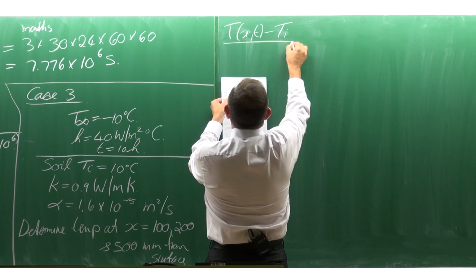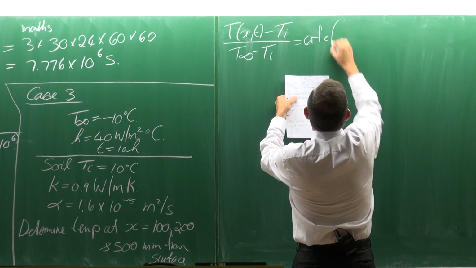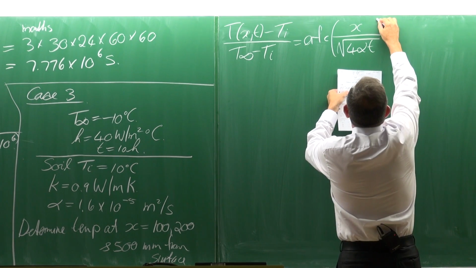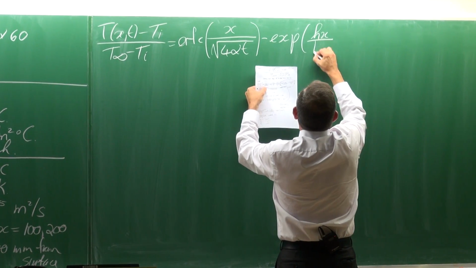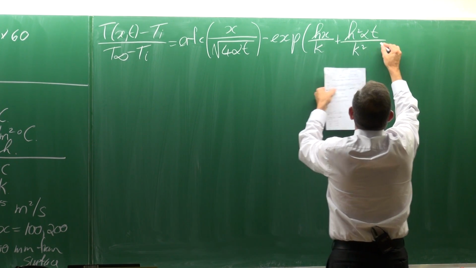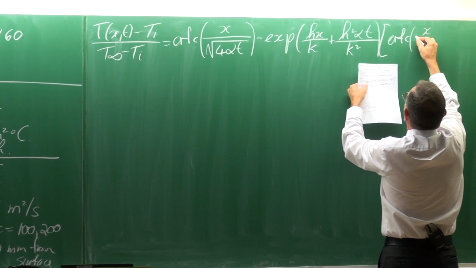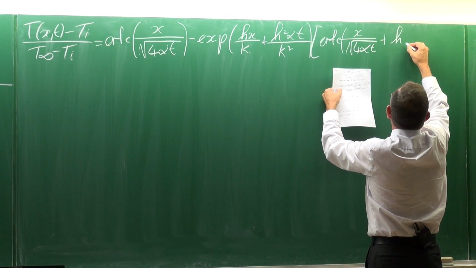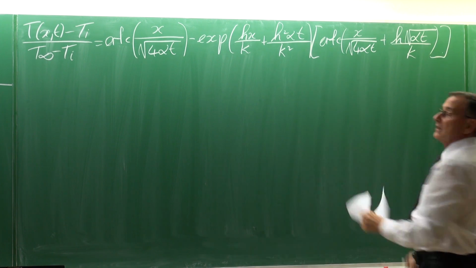T(x,t) minus Ti divided by T infinite minus Ti is equal to the complementary error function of x divided by the square root of 4 times alpha t, minus the exponent of hx over k plus h squared alpha t over k squared, everything multiplied by the complementary error function of x divided by the square root of 4 times alpha t plus the heat transfer coefficient multiplied by the square root of alpha t divided by the thermal conductivity k. There's the equation, a long equation.